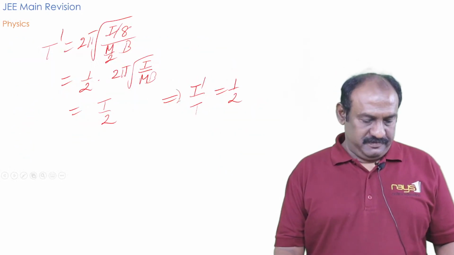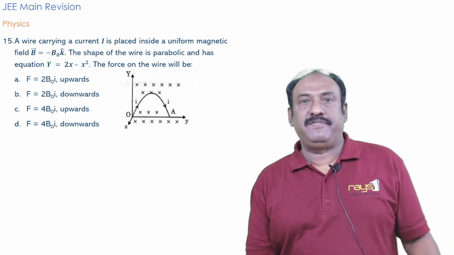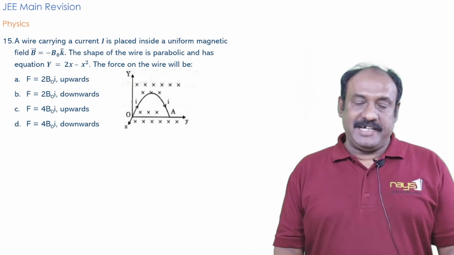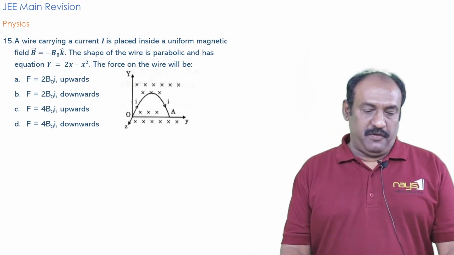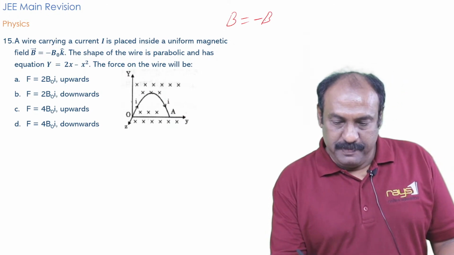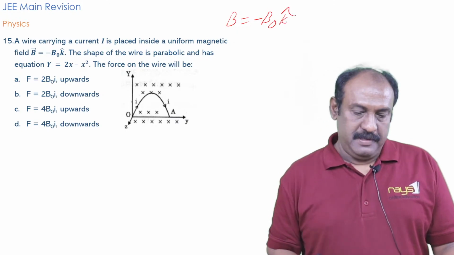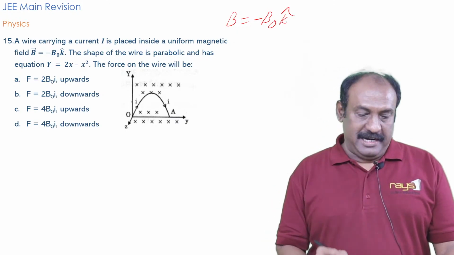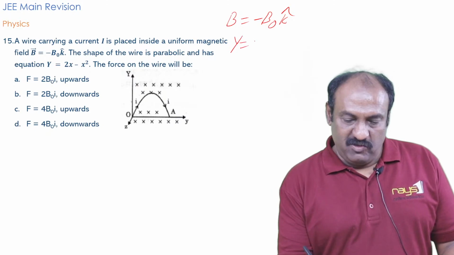Next question. Question number 15. A wire carrying current I is placed inside a uniform magnetic field B equal to minus B naught k cap. The shape of the wire is parabolic and has the equation y equal to 2x minus x square.